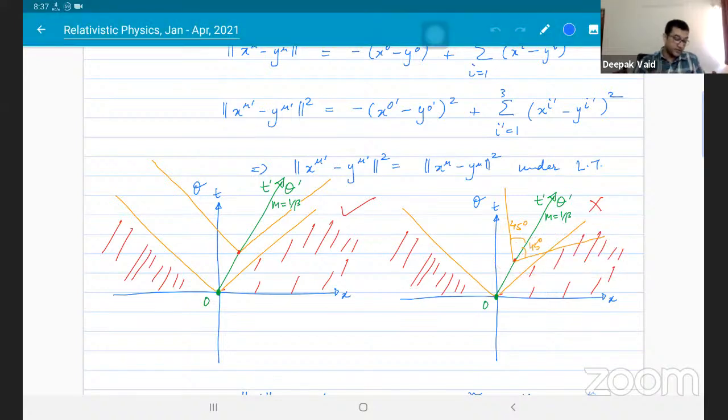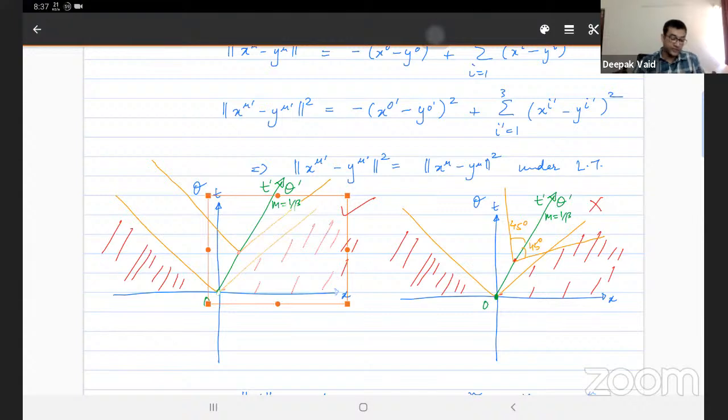But because this distance is preserved, if I have 2 points which are on the light cone, that means on these orange lines in the O frame, these 2 points will continue to be along the orange lines with respect to the O prime frame. So this light cone does not change under Lorentz transformation. It remains the same.